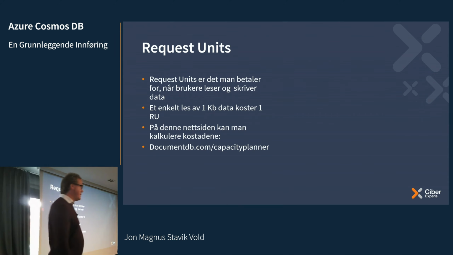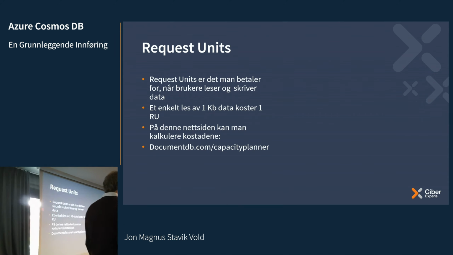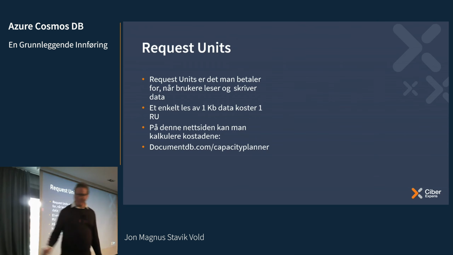And there's request units. Request units is what you pay for when the users are reading and writing data. And one single read of 1 kilobyte data costs 1 RU. And on this website, you can calculate the cost: documentdb.com/capacity-planner.